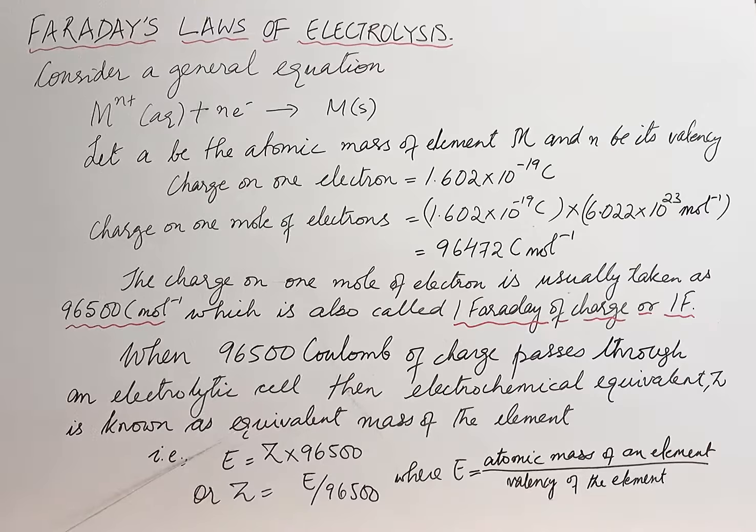E is what we call the equivalent mass of the element. So we can also write Z as being equal to E divided by 1 Faraday. E is a quantity which is derived when we take the ratio of the atomic mass of the element and divide it by the valency of the element.